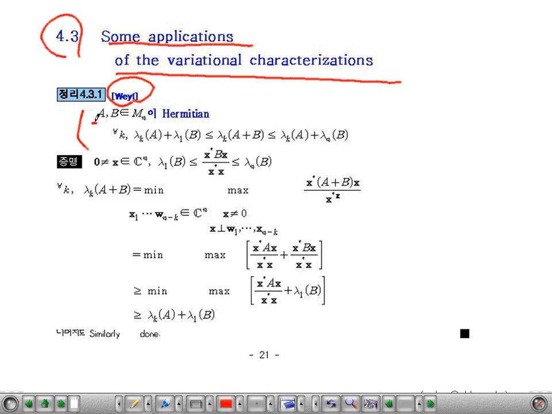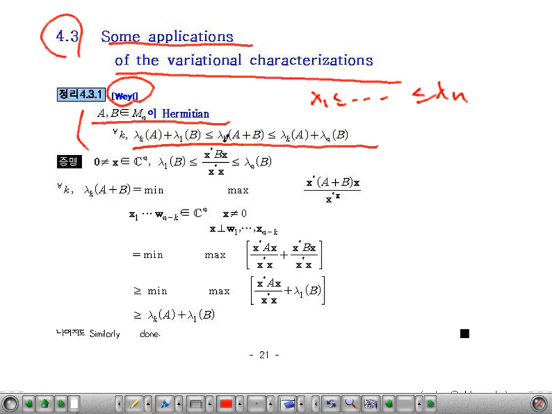Here, A and B are Hermitian, and these are the eigenvalues in order.